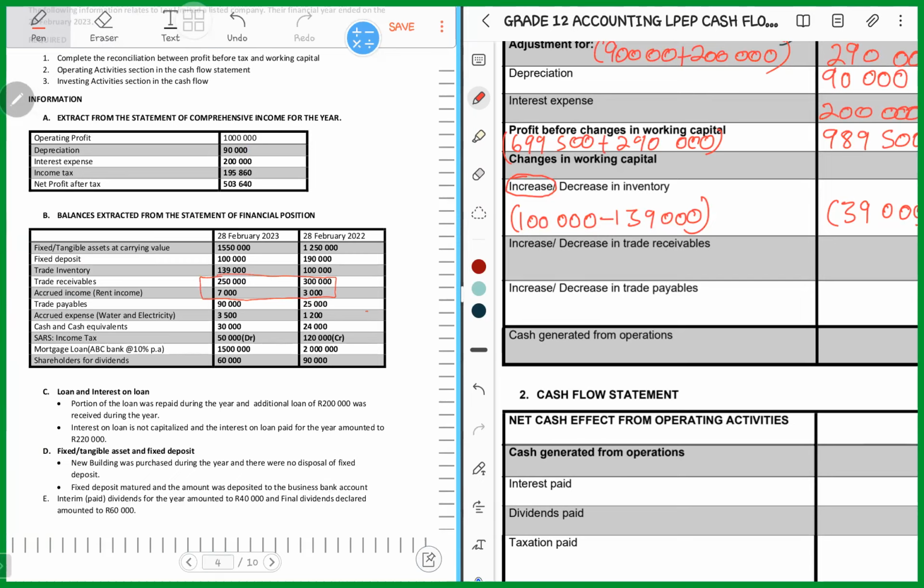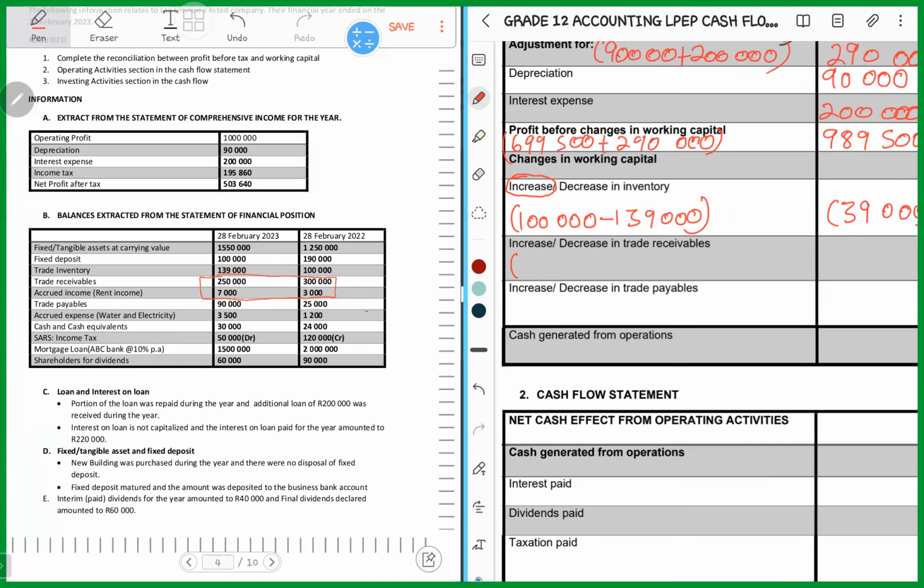Then that'll give us the total receivables. Okay. So since this one says it's a decrease, then obviously there is an inflow, but we are going to see how much the inflow is.